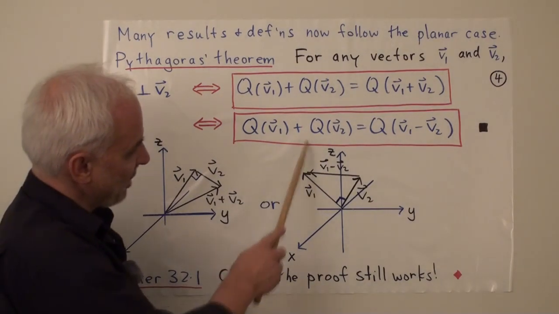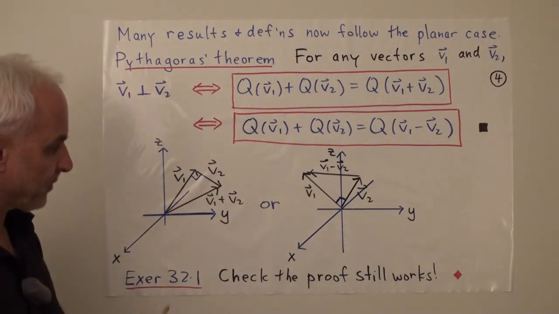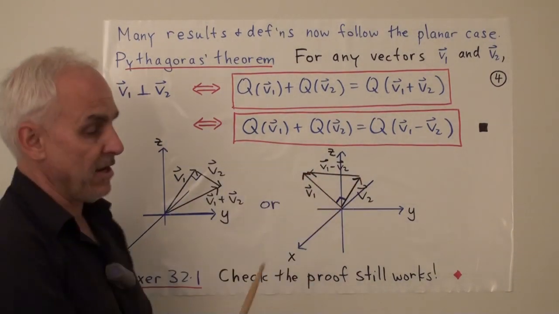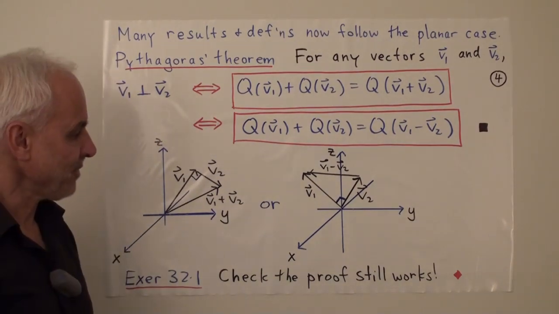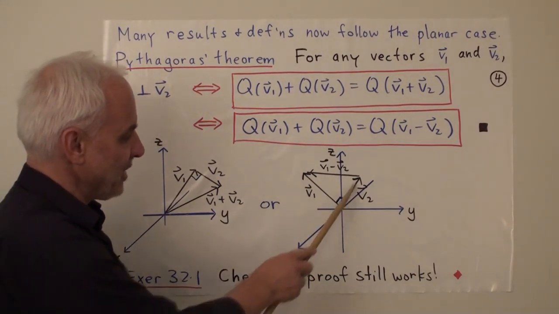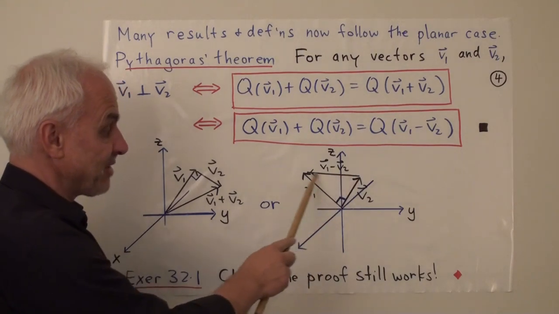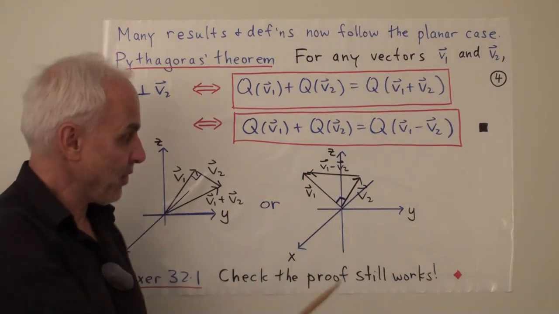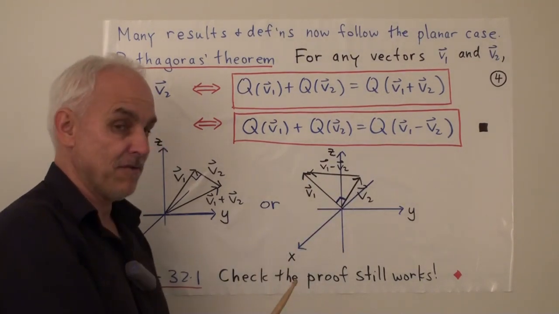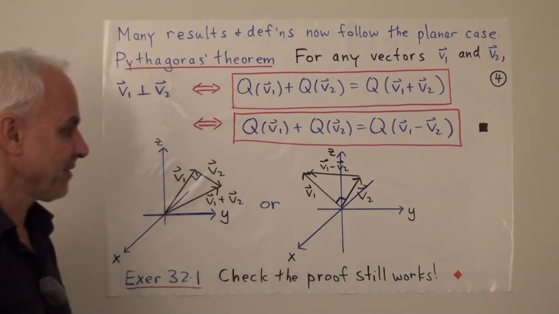Here is a diagram that illustrates this version of it, where we think of having 2 vectors emanating from the origin. So here's v1 and here's v2. And here's the difference, v1 minus v2, going from the head of v2 to the head of v1.